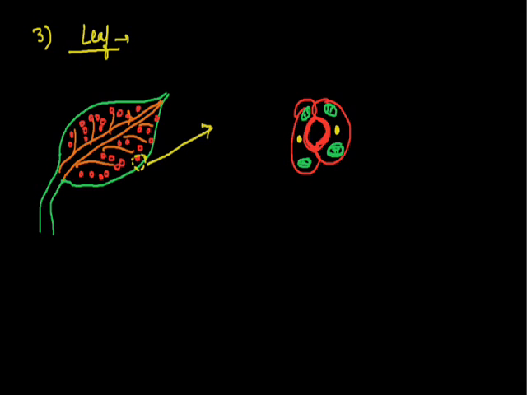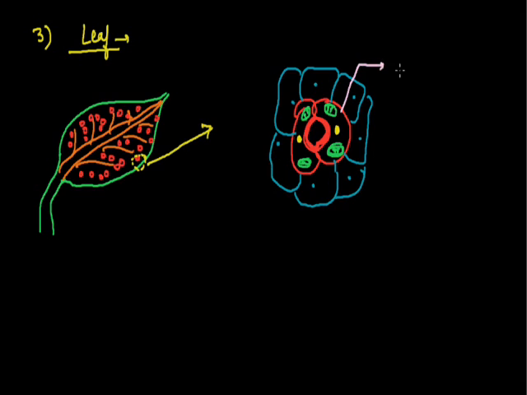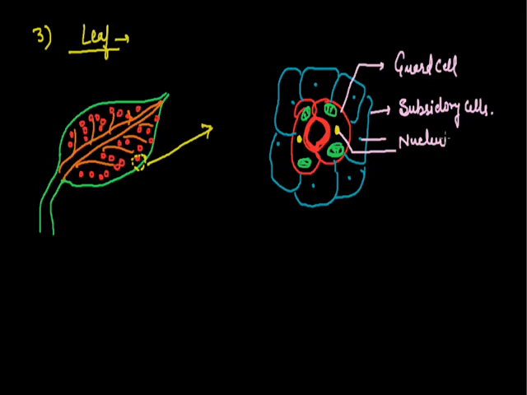These guard cells are always surrounded by some thin-walled cells, known as subsidiary cells or accessory cells. These bean-shaped cells are guard cells, while these thin-walled cells are accessory cells or subsidiary cells. This is the nucleus of both, while this structure is called chloroplast.